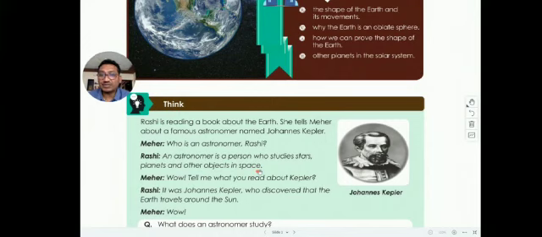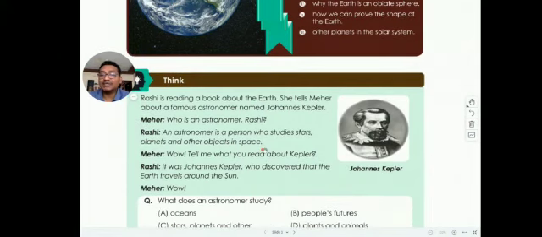Who is an astronomer, children? He is a person who studies stars, planets, and other objects in space. Now Meher is saying, wow, tell me what you read about Kepler. Rashi is explaining, it was Johannes Kepler who discovered that the Earth travels around the Sun.